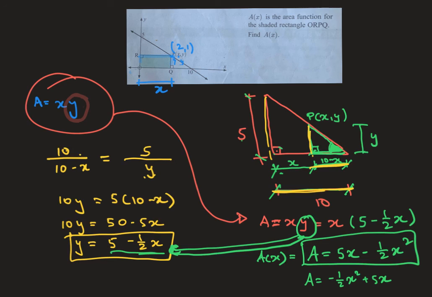And that would be all for this question. Now, if you wanted to maximize this area, you would have to find the derivative, etc., which you're going to see later in the course. Okay, that would be all for this question, and I'll talk to you soon. Bye.